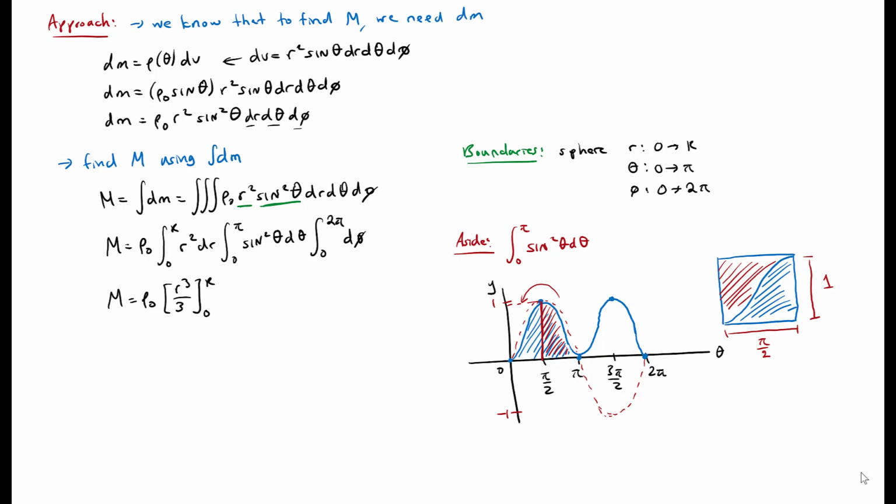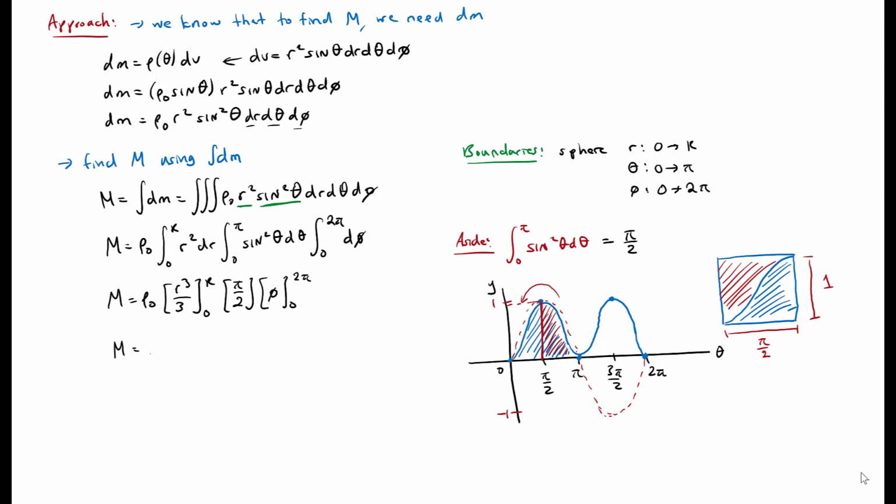So if you know your trig functions and you know how to visualize the curves, then it becomes a really handy tool so that you don't have to go through so much brute force math just to figure out an integral like this. So we know that this is equal to pi over 2. That means I'm just going to plug this in, pi over 2. This is phi from 0 to 2 pi.